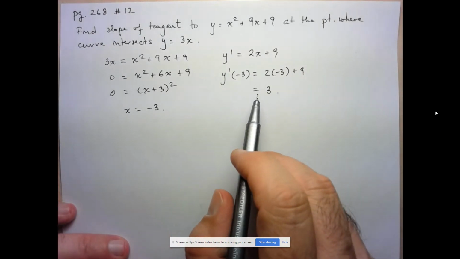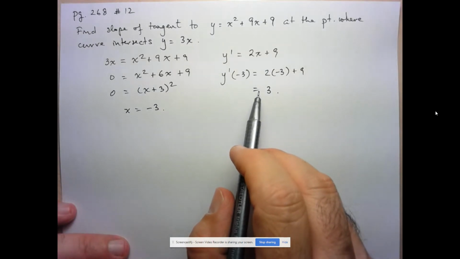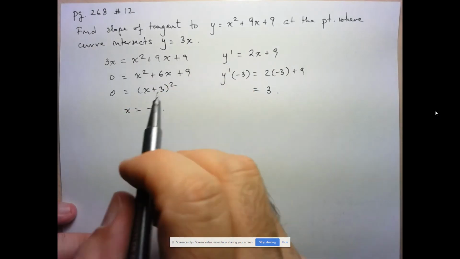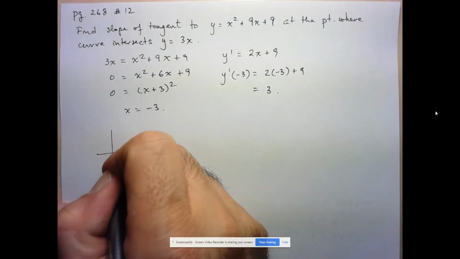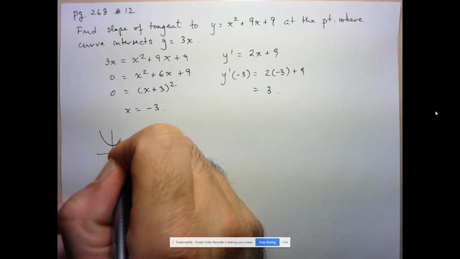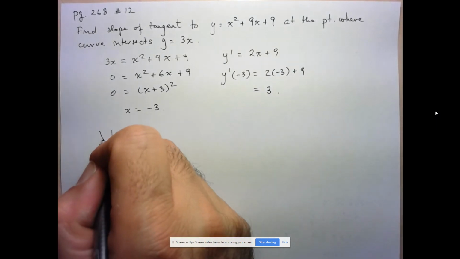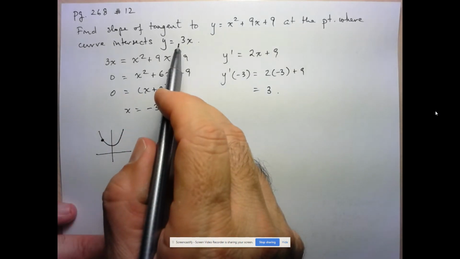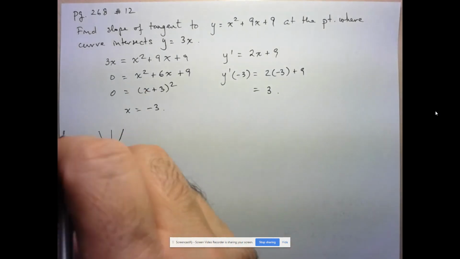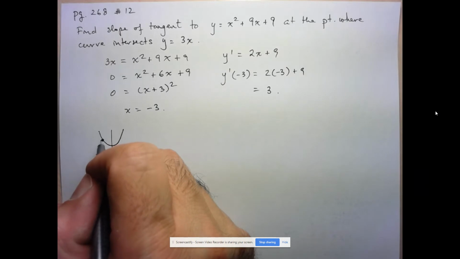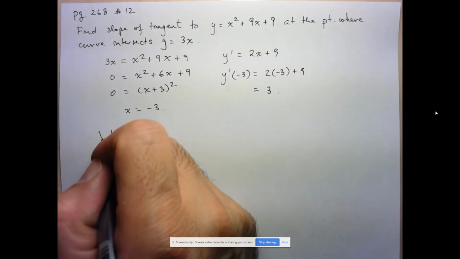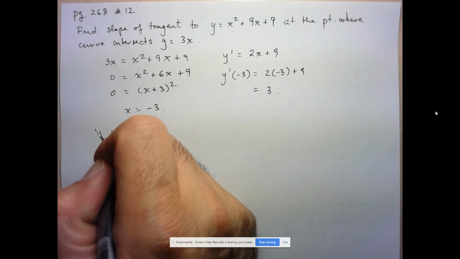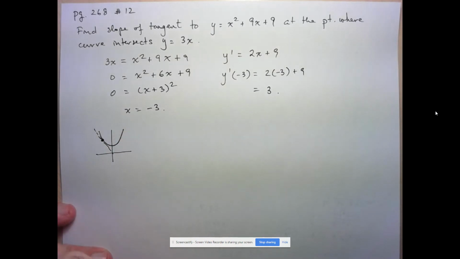Now, we shouldn't be surprised by this value, because what did we just determine? We determined that this function at -3 is where it intersects the line y equals 3x. And since it only intersects that line once, the only way for that to happen is if the line is tangent to the curve.